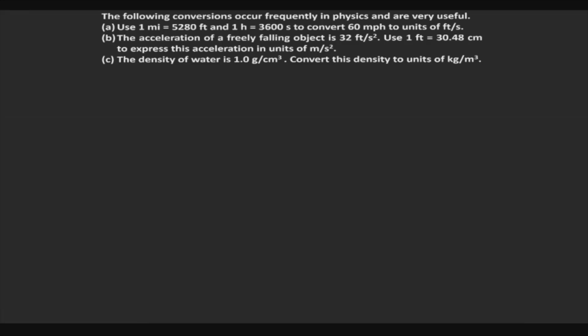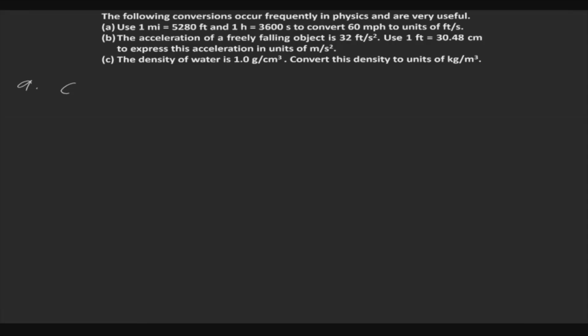For our last problem, the following conversions occur frequently in physics and are very useful. Letter A. Use 1 mile is equal to 5,280 feet and 1 hour equal to 3,600 seconds to convert 60 miles per hour to units of feet per second.